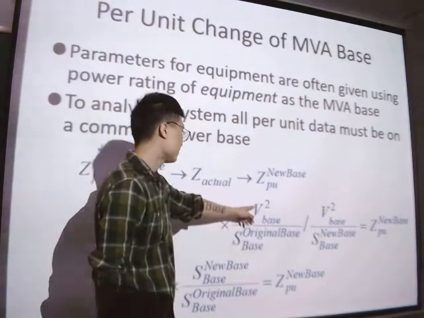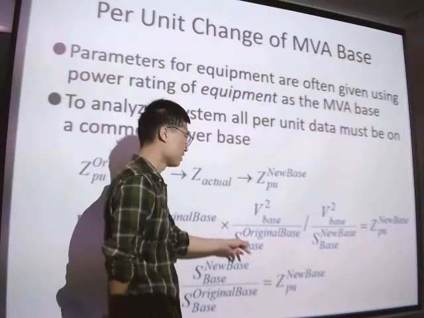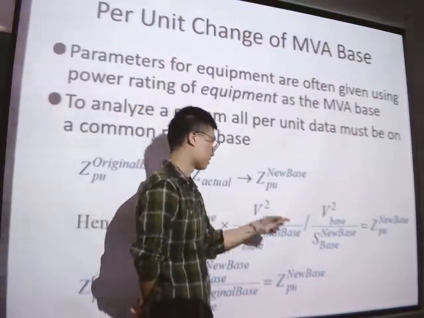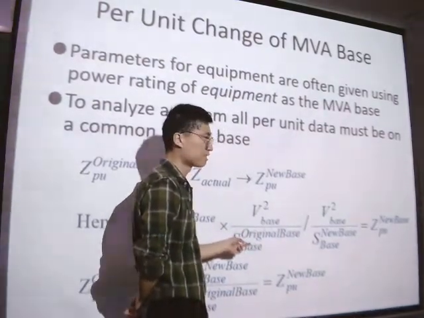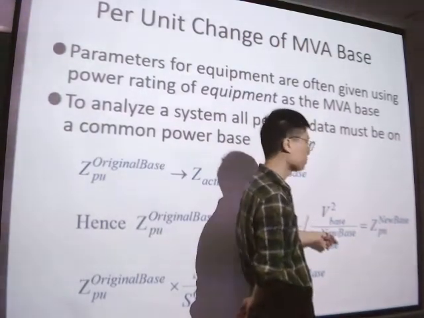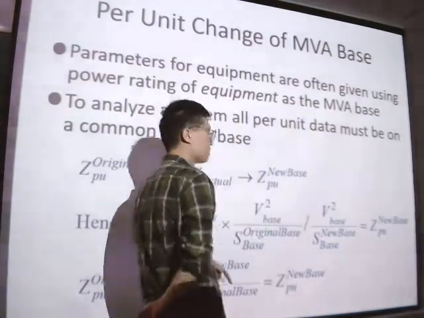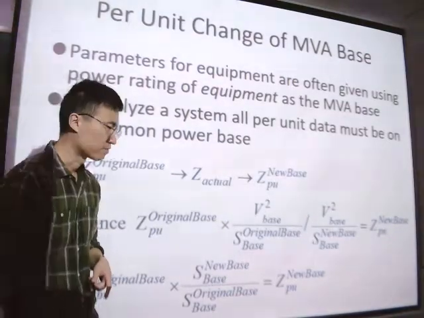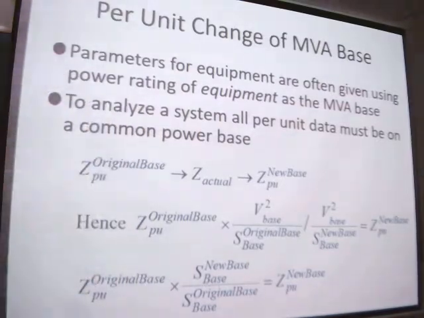So for the V base, this is the original, because this is the same base, multiple bases here, so that the original base is the complex base, and in the new complex base in the new per unit system, we will get the impedance of the new base in the brand new per unit system.